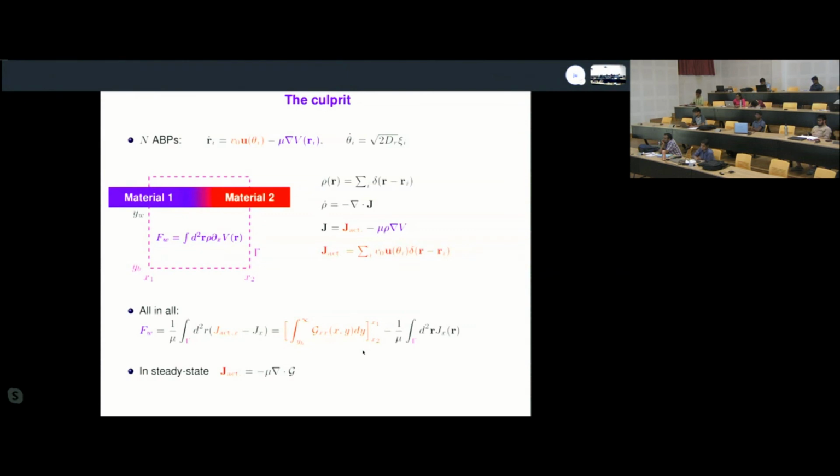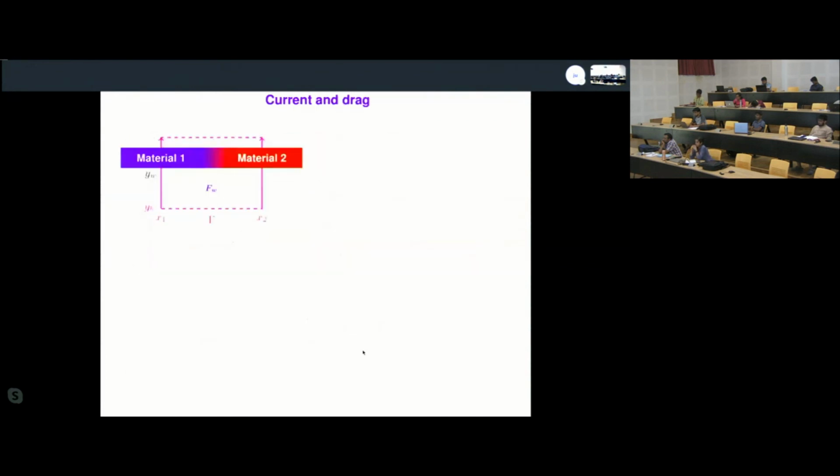So I now look at the expression of the force as this difference between the fluxes of active impulse on the left and the right, minus 1 over mu times the integral over the area of the current. I take my volume, and the first contribution to the force is the difference between the flux of active impulse that comes in from the left and the one that leaves out from the right.